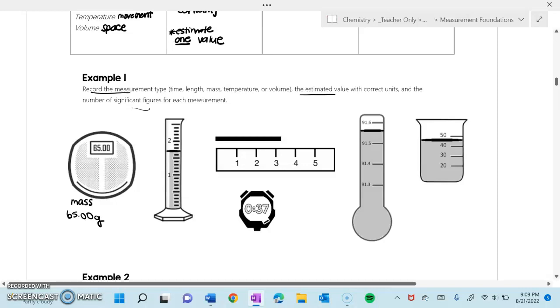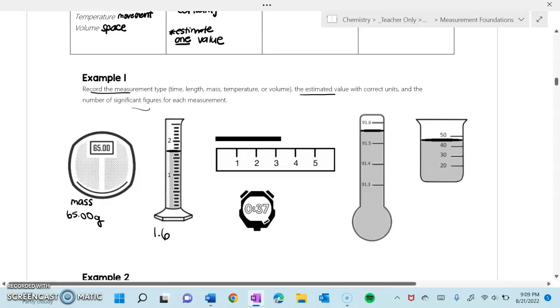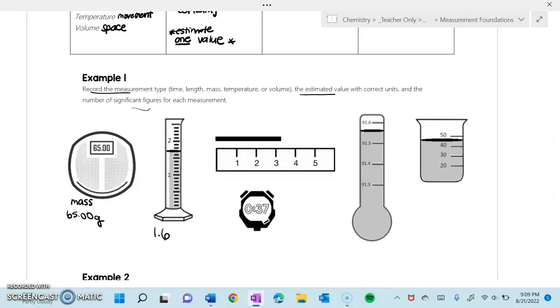You see that? So our numbers that we know for sure are 1's place. Definitely 1 point something, and it's definitely 10th place is 0.6. We definitely, for sure, know those values based on tick marks. Now we need to make one estimate value, like we said up here in our notes section, estimate one value.